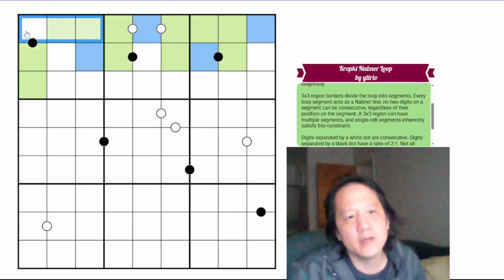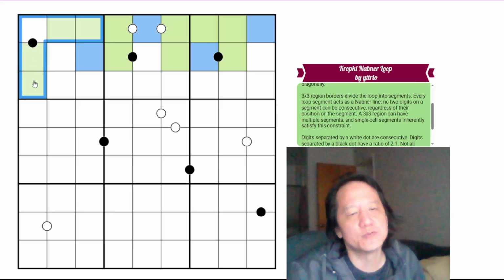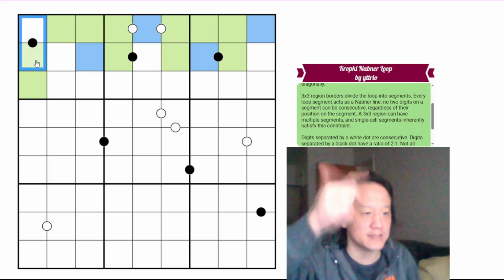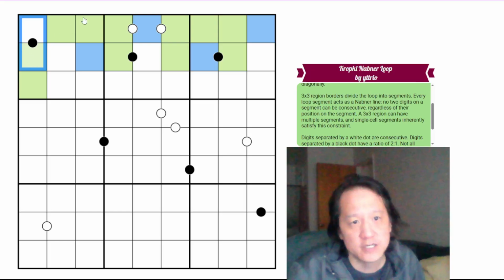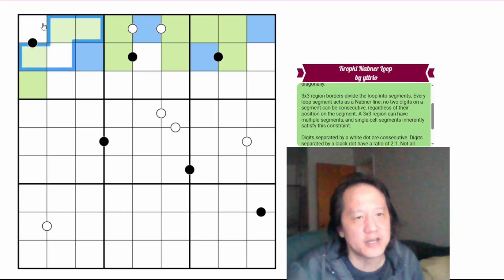So if you try to have a Nabner going this way, it's 5 cells, and they would all have to be odd. But this 1-to-2 ratio says that one of them has to be even, right? One has to be at least double the other, which is an even digit. So that's never going to form a valid Nabner. So it has to go this way as a Nabner, and it must exit out that way.